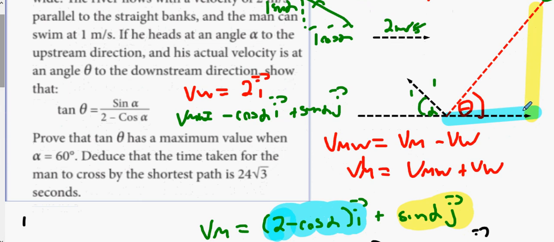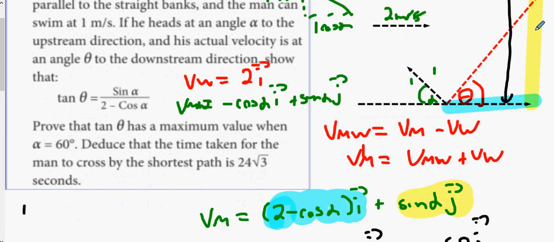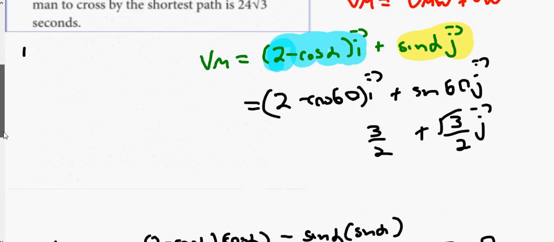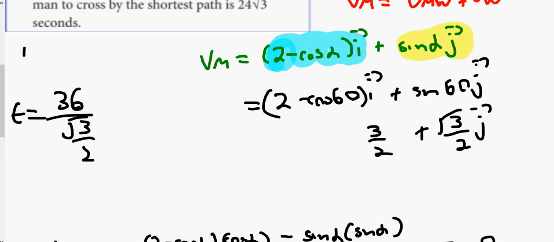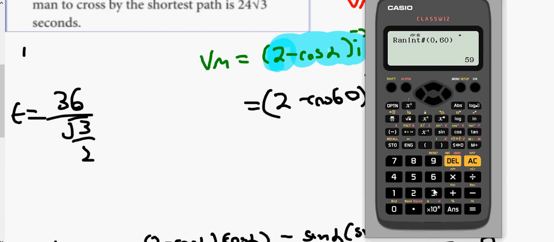I only care about the yellow part because all I have to do is go up. How far is it? 36 metres? All I have to do is cover 36 metres. So it's going to be 36 metres divided by root 3 over 2. And that's the time taken. And 36 divided by root 3 over 2 is 24 root 3.